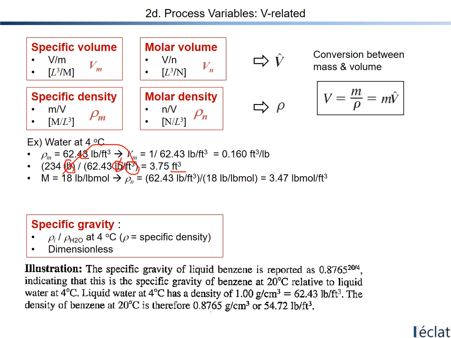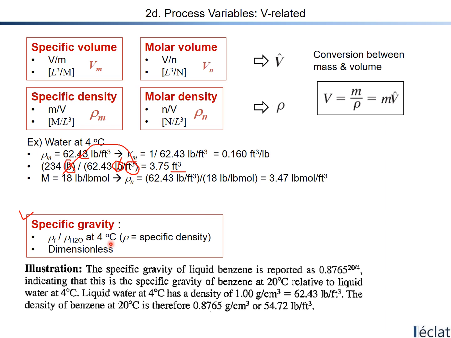Okay, something like that. Let's go to the other term, specific gravity. So specific gravity is defined as the density of species I at a certain temperature with respect to the density of water at 4 Celsius degree.